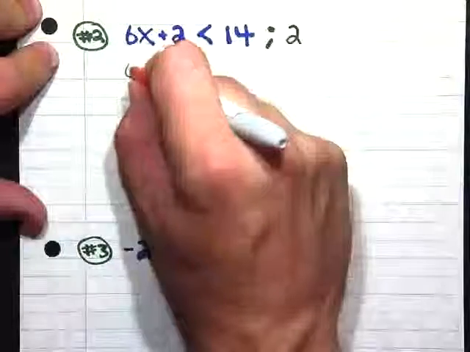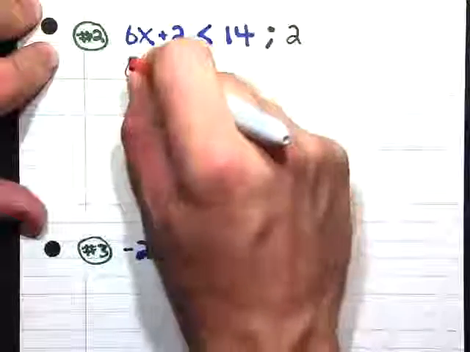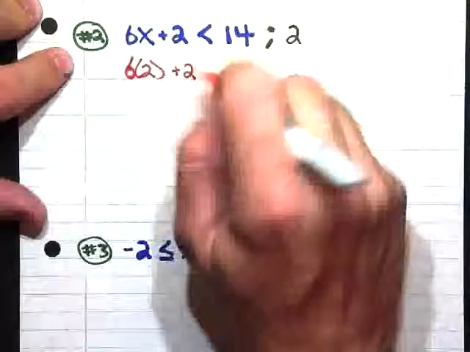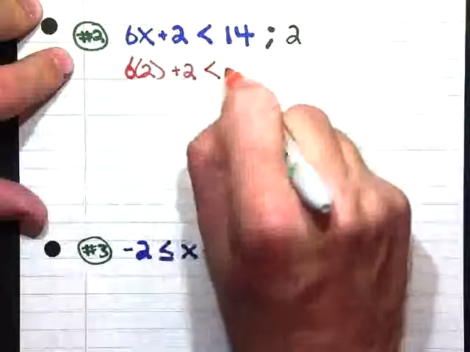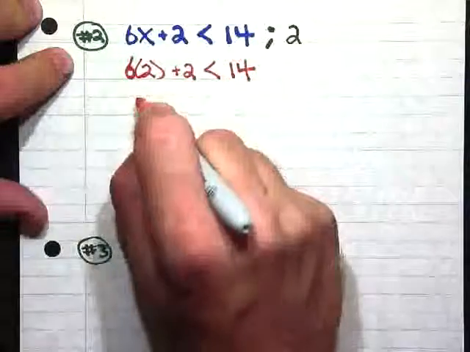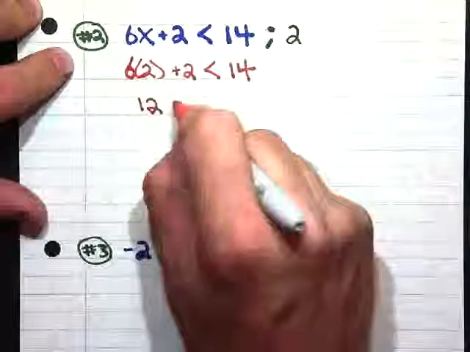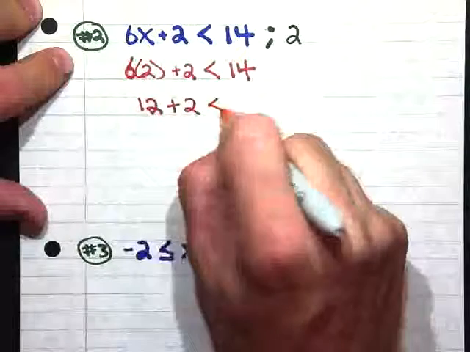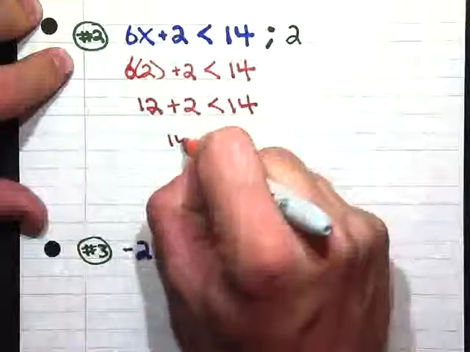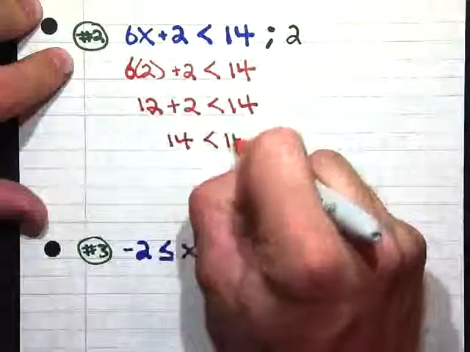So we end up with 6 times 2, remember we place it in parentheses because we're substituting, plus 2 is less than 14. So 6 times 2 gives us 12. So 12 plus 2 is less than 14. And 12 plus 2 gives us 14. So 14 is less than 14.